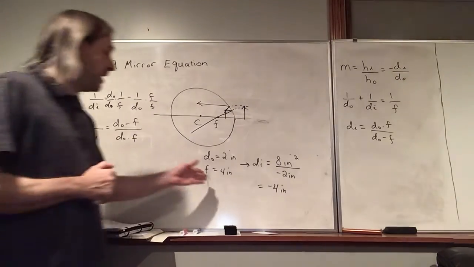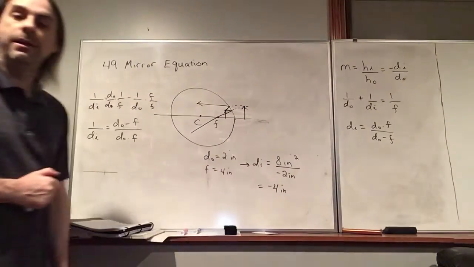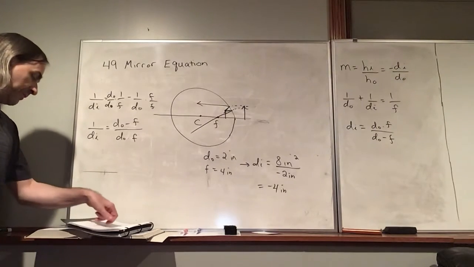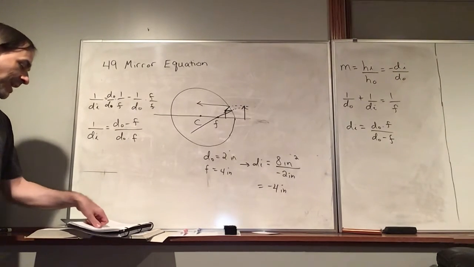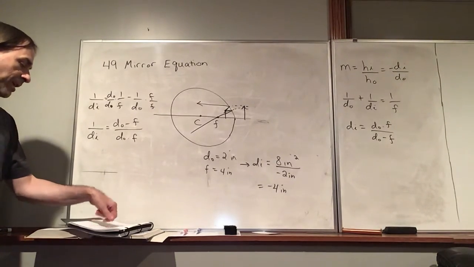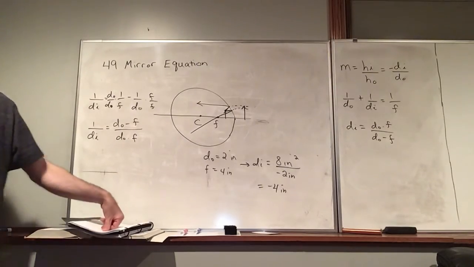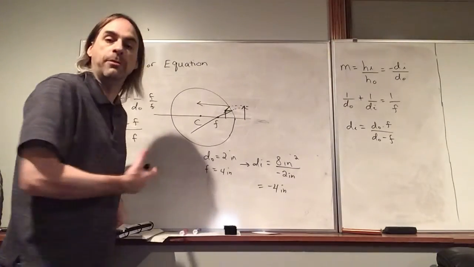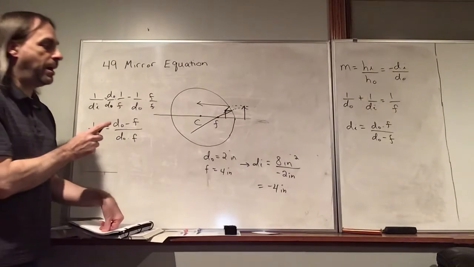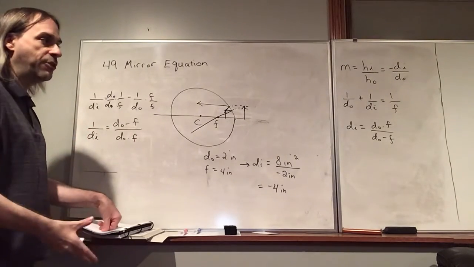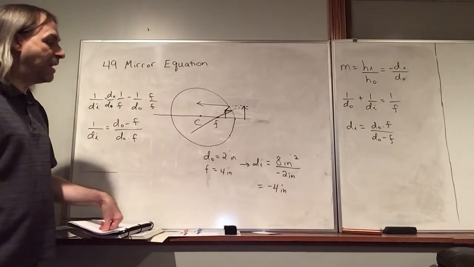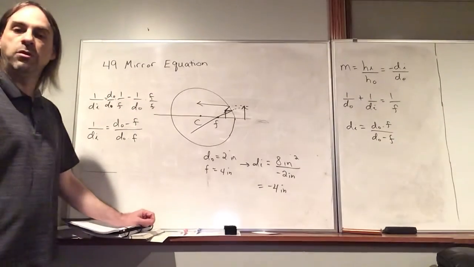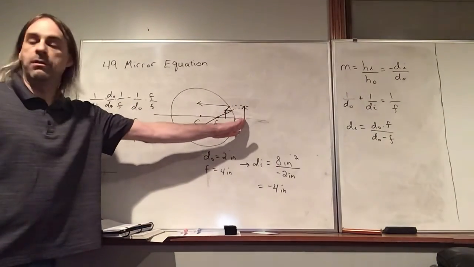And so again, we calculated DI and got a negative number. If you look up image distance, it said DI is negative if the image is behind the mirror, and then in parentheses it says virtual image. So just by using the equation with the sign convention, we can tell this is a virtual image that's behind the mirror.